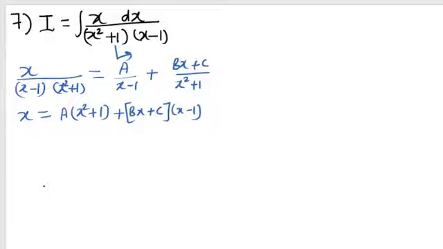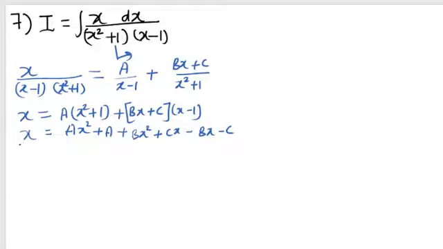So we can multiply first. That means this will become a x square plus a, and here if you multiply it will become b x square plus cx minus bx minus c.